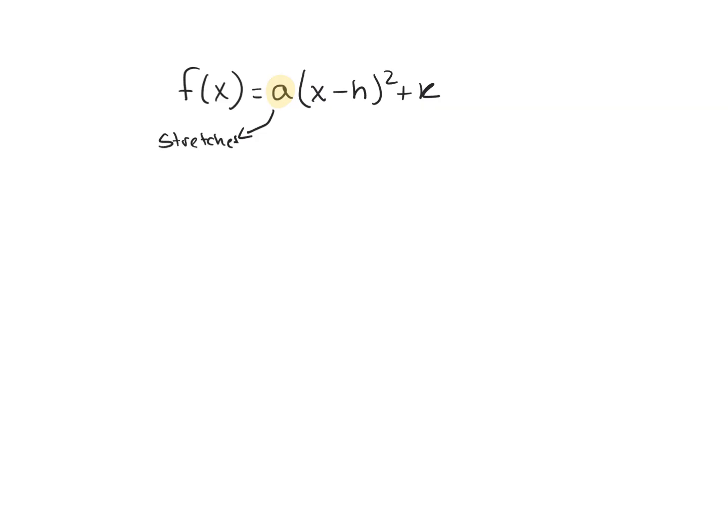It's our scale factor. Our h value right here is telling us our horizontal movement. So it's telling us how we're moving left to right. And our k value is going to tell us our vertical movement.